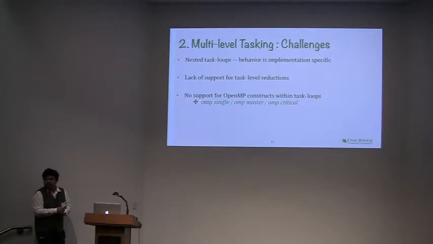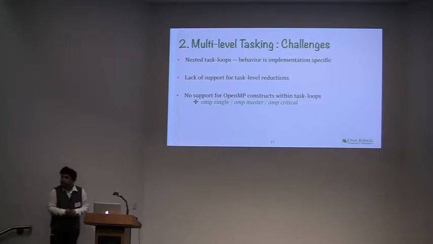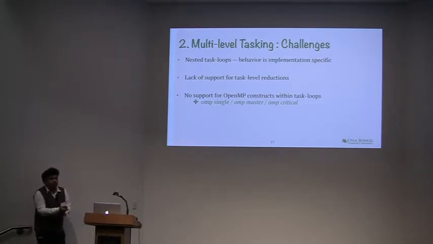You should be able to have master and critical. So if you have 2, 3 levels, at the 3rd level when you do master, it will not let you compile, which can be totally implementation. I mean, master just means it's one thread. Yeah, first thread.